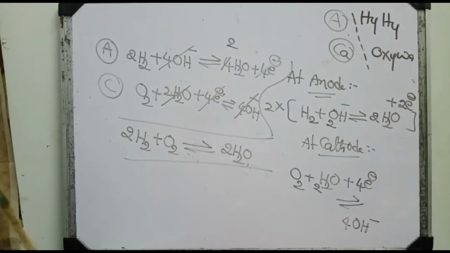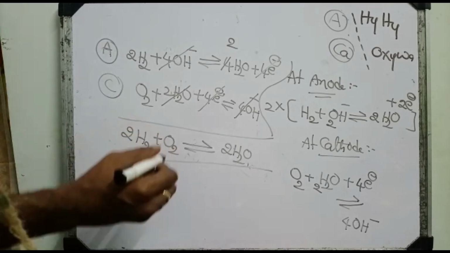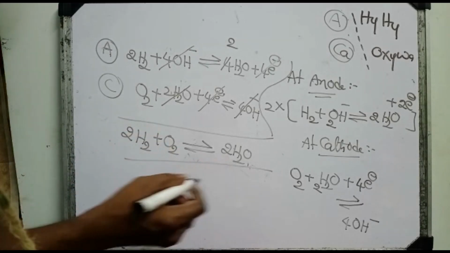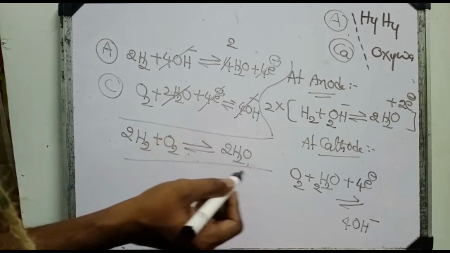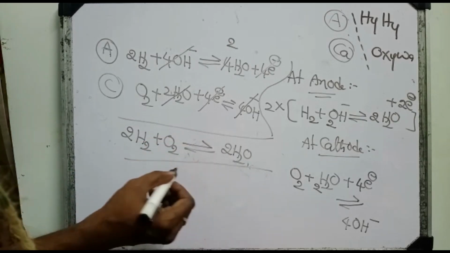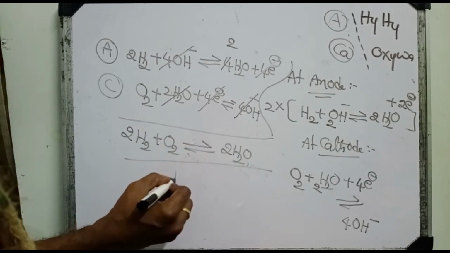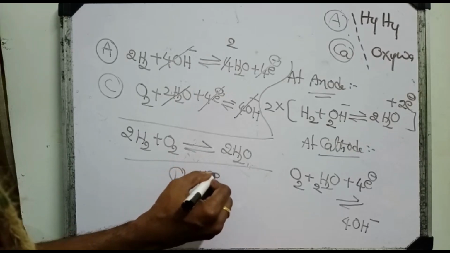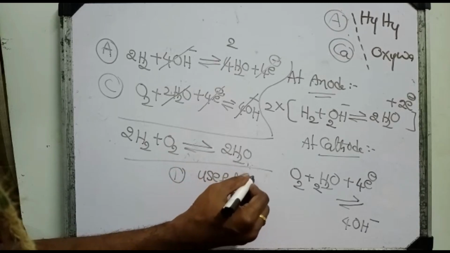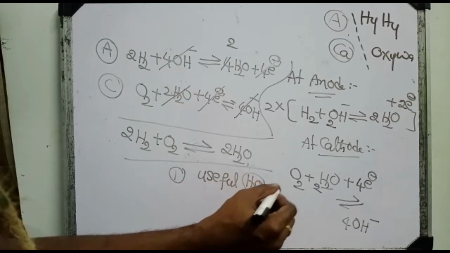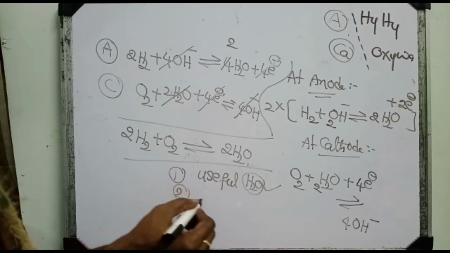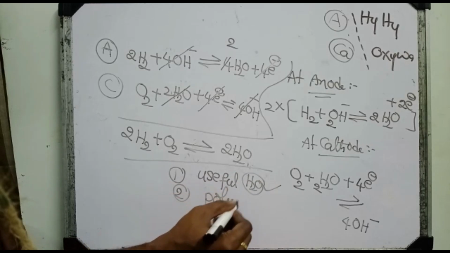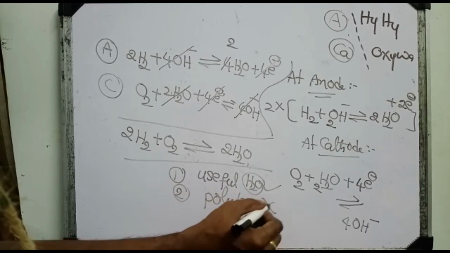What is important here is that current is the main product and the byproduct is water. The useful water is available as a byproduct. Next, there is no pollution in this.